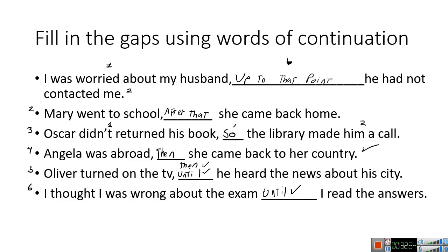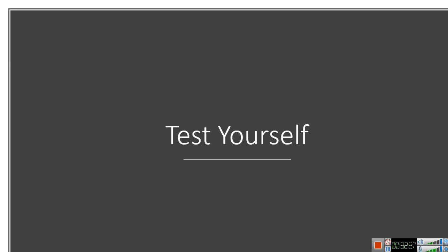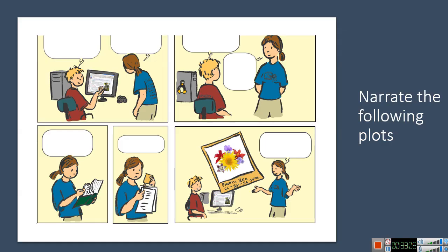Very good. Okay. Now we're going to test ourselves with making up stories. For this exercise, I'm going to ask you to narrate the following plots. I'm going to give you an image like this. It's going to have 4 or 6 scenes, and based on that, you need to make up a story. Let me give you an example.